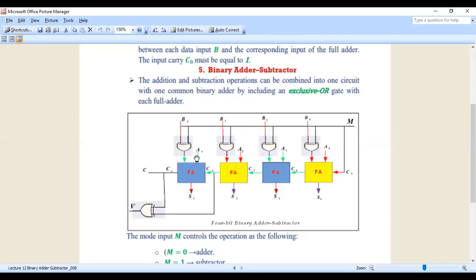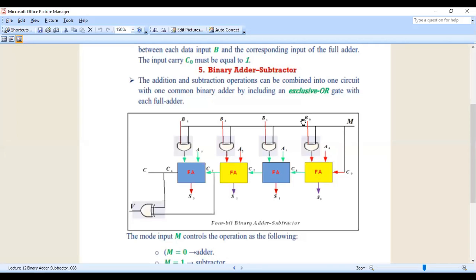This is A3, A2, A1, A0. And the B value is nothing but 3: B3, B2, B1, B0, that is 0, 0, 1, 1.